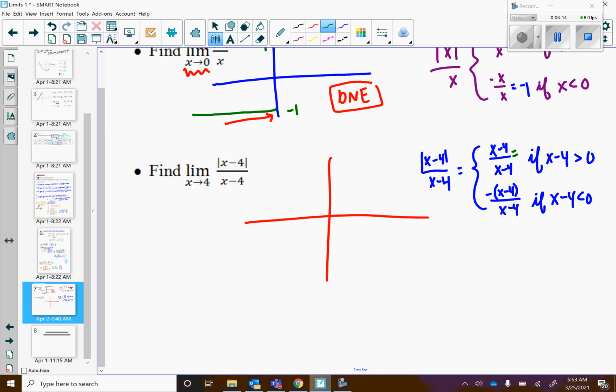All right, this one's still 1, this one's still negative 1, but this becomes x is greater than 4 or x is less than 4. So this function looks very similar. It's got these lines here and here, but it just moves over to 4. And again, as I approach 4 from the left and from the right, I'm hitting two different values, so I would say this limit does not exist.